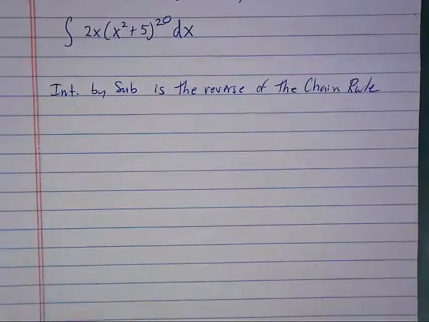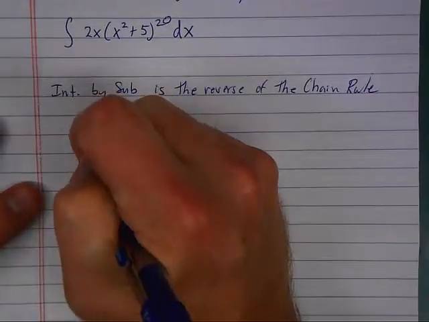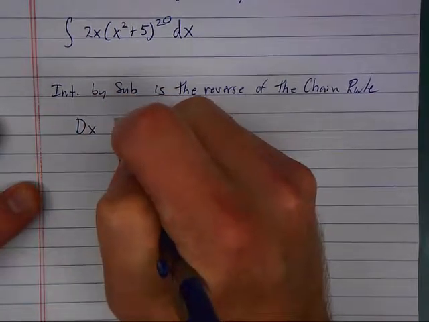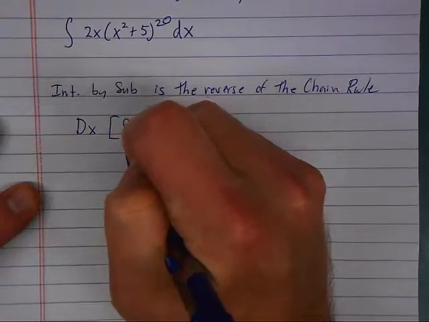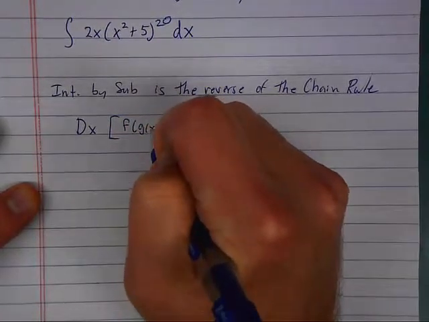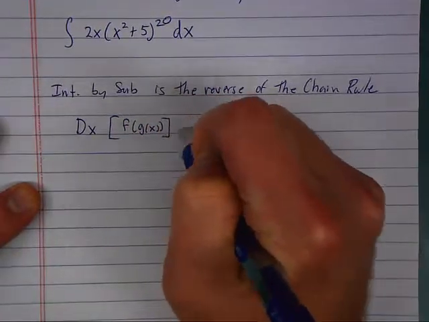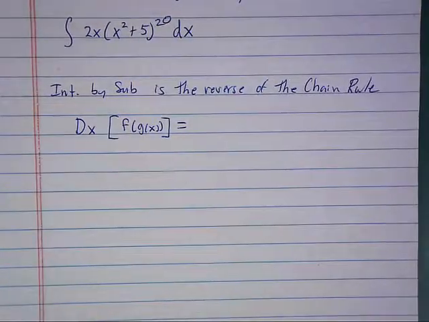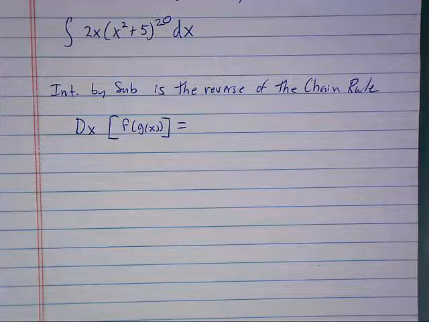And here's what I mean by that. If I asked you to take the derivative of f of g of x, what would you tell me to do? How do you take the derivative of a composition like that?